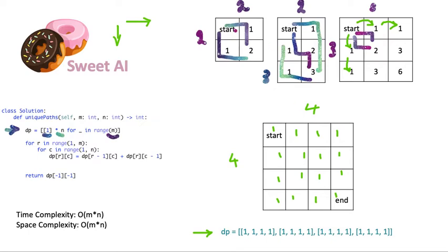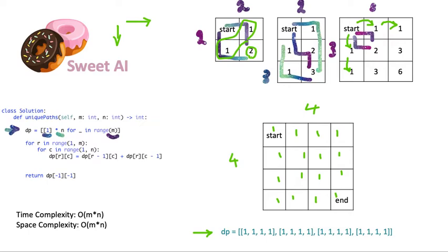If we consider the cases that we already went through, for getting from here to here, we can take two different paths. But if I sum these two numbers, it's going to be 2 as well. Is that something I can use to calculate the number of unique paths to reach this cell?